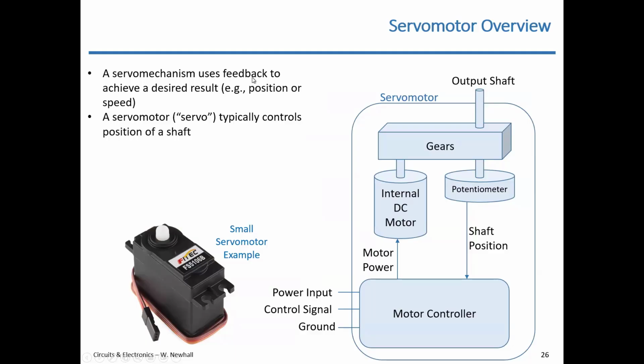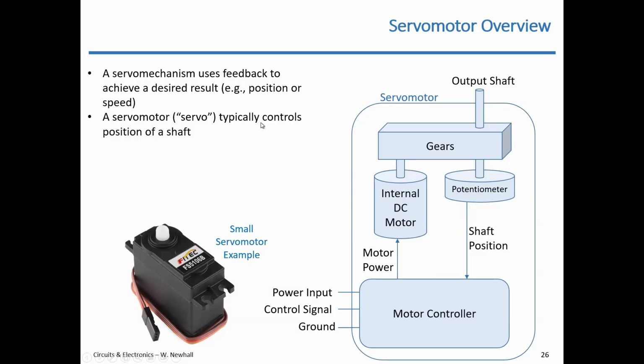Okay. This feedback is similar to the negative feedback that we talked about for op amps. For op amps, negative feedback drove the input differential voltage to 0. You could consider that input differential voltage to be an error voltage.